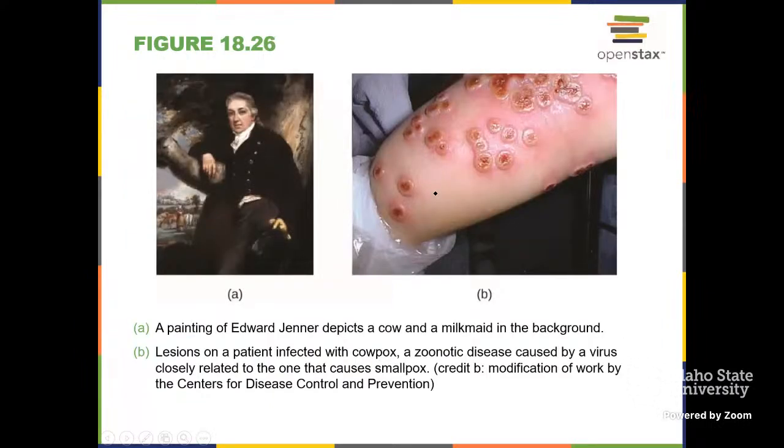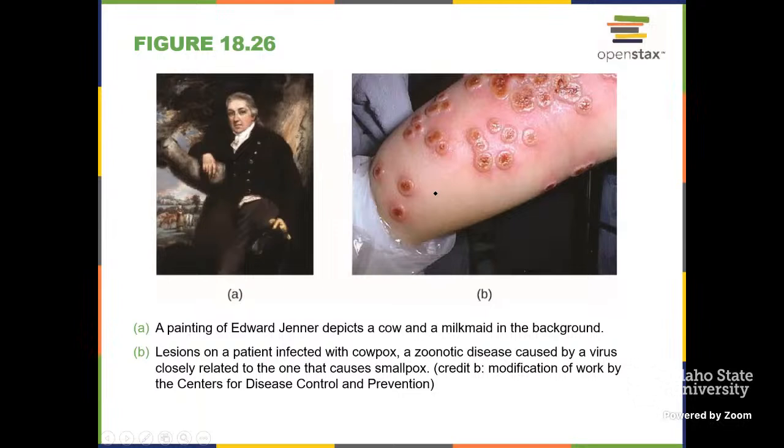So he wants to collect some of the pustules from the cowpox and inoculate that, so inject it into a person to see. And that's what he ultimately sets out to do.